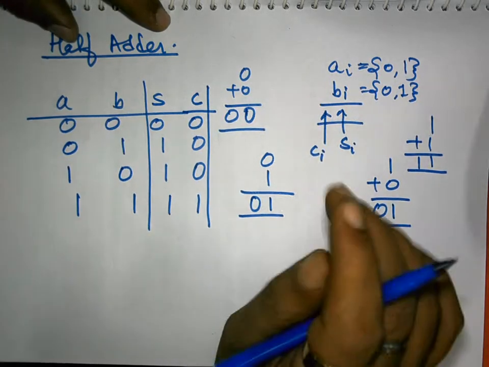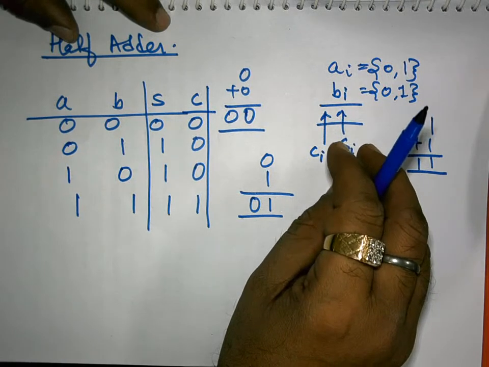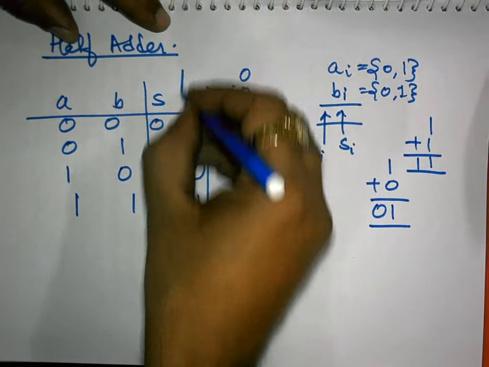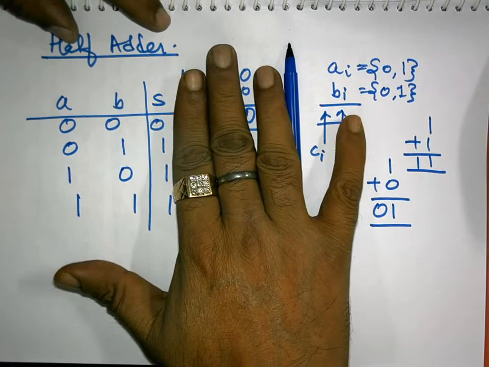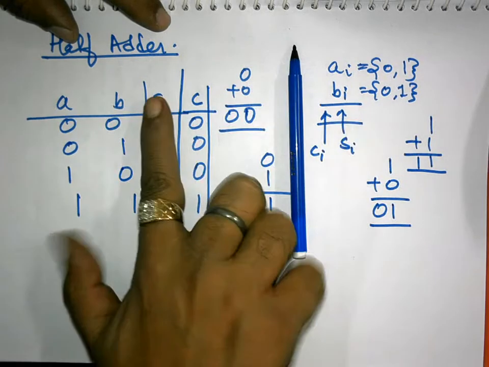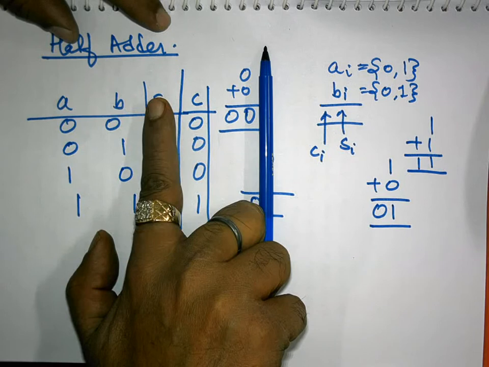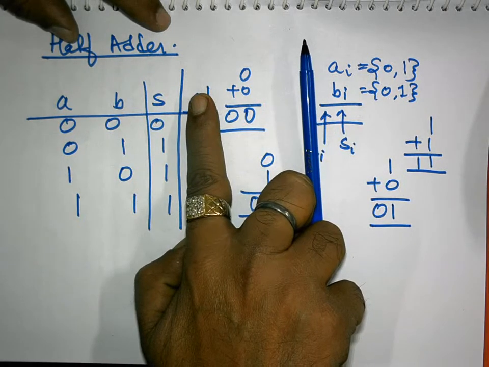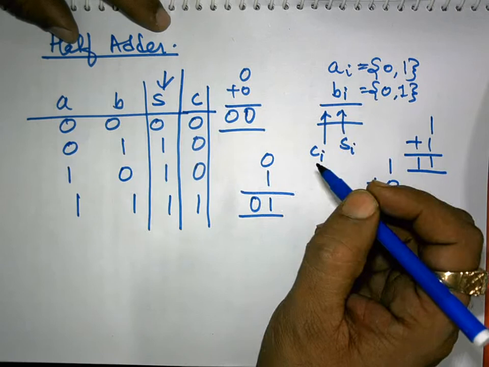Now what is the way? You will have to see this problem in two parts. One designing part will be for the sum output and the other designing part will be for the carry output. At one time you will approach the design of one output, leaving the other outputs.